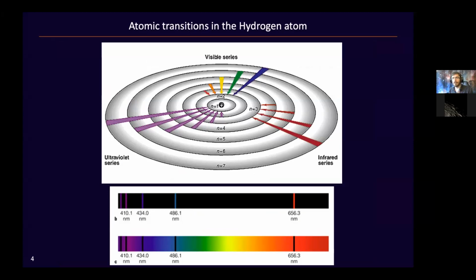They can't have just arbitrary energies, but electrons in the hydrogen atom hop between these discrete energy levels. And when they do, they either emit or absorb radiation at very characteristic frequencies, very characteristic wavelengths. And so when you look at the spectrum of an object and you see a feature at 6,563 angstroms, that's one of the primary hydrogen lines, for instance.